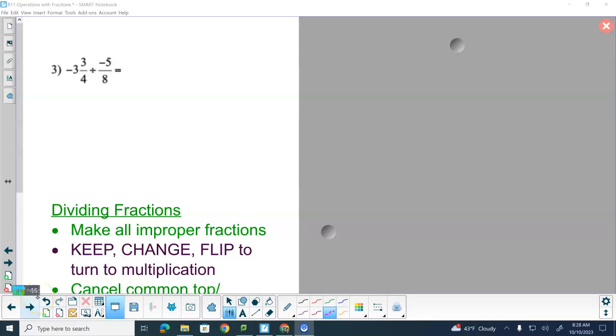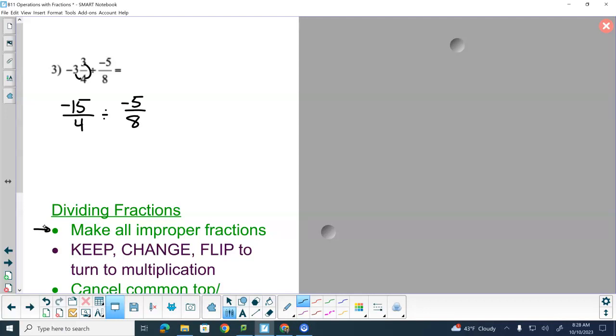Crazy number 4 problem here now. First thing we've got to do is make this mixed number an improper fraction. 3 times 4 is 12, plus 3 is 15. So this is negative 15 fourths divided by negative 5/8. So that was that step right there. Got to make improper fractions.